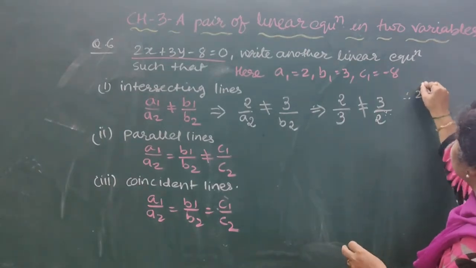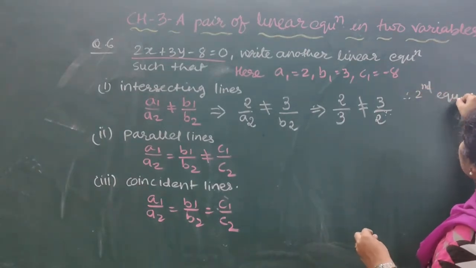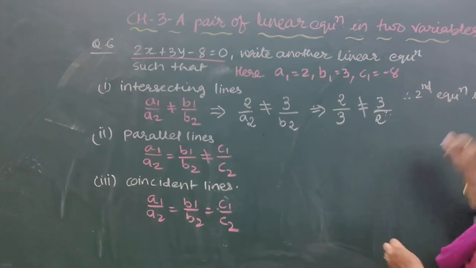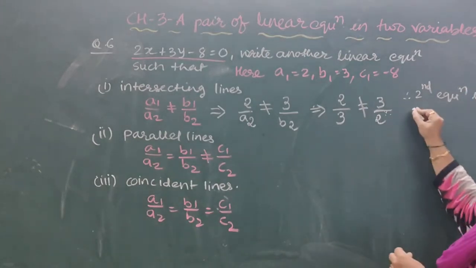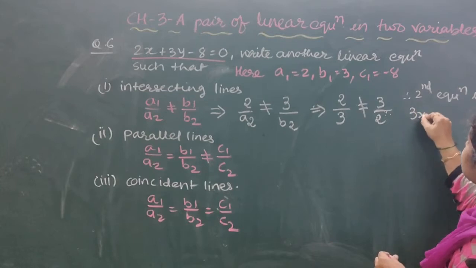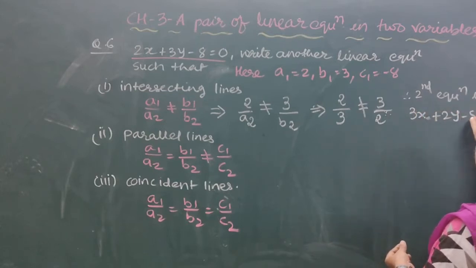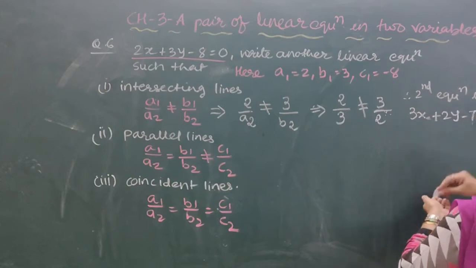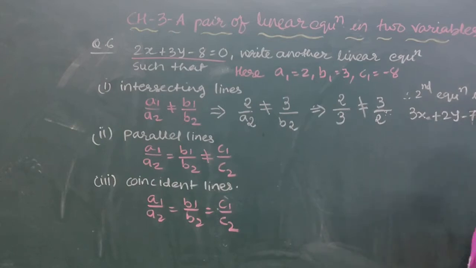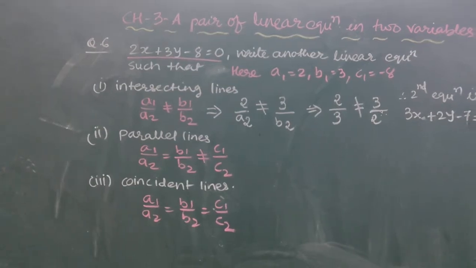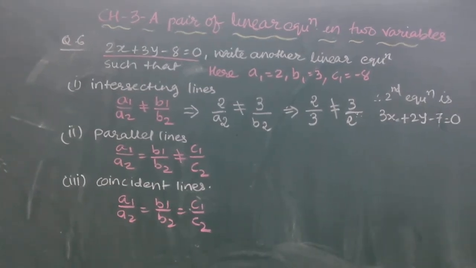Therefore the second equation is 3x plus 2y minus 7 is equal to 0.